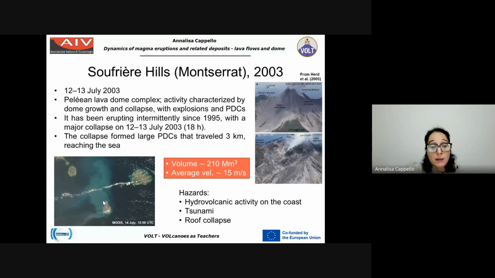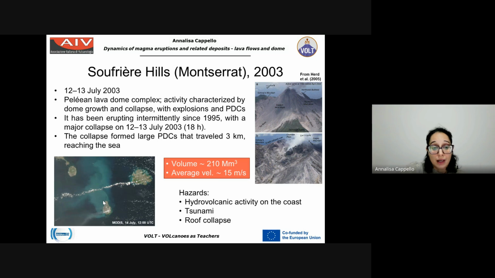This was preceded by an intermittent eruption since 1995, which was then followed by this major collapse, as you can see from the MODIS image, a satellite image taken on 14 July, the day after the end of the collapse.